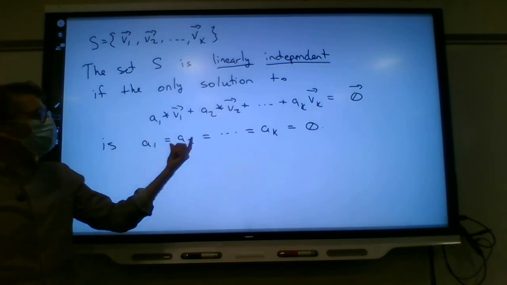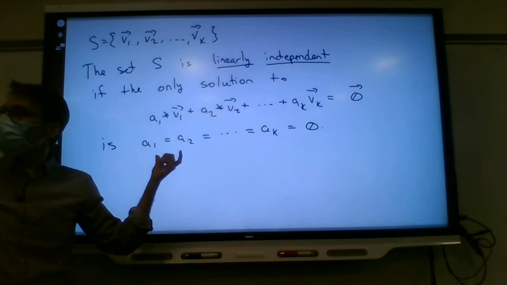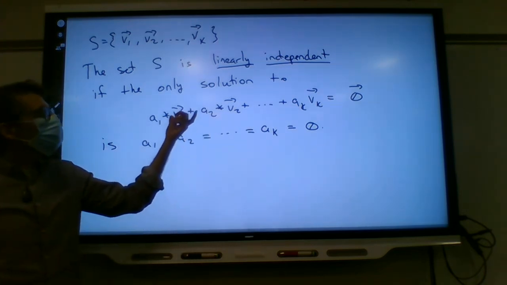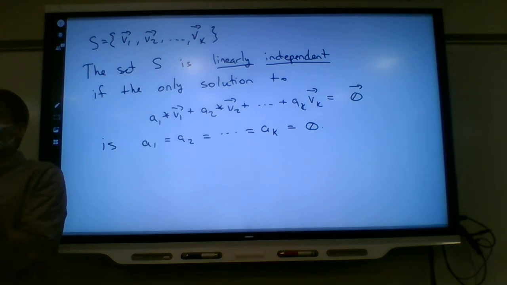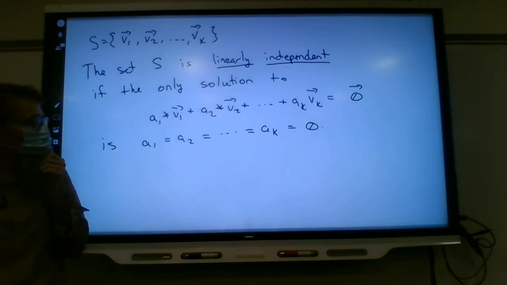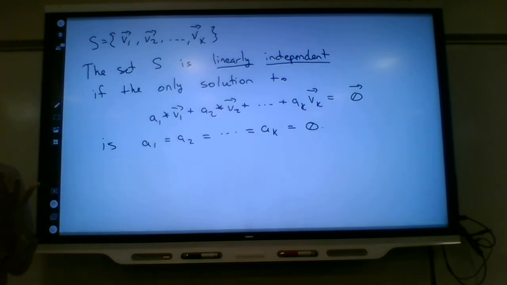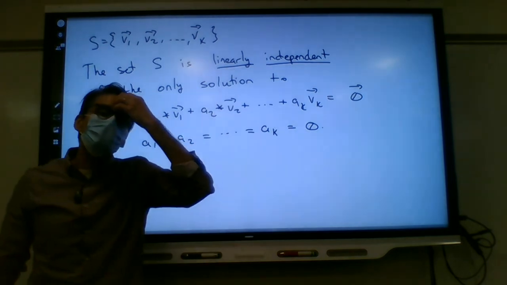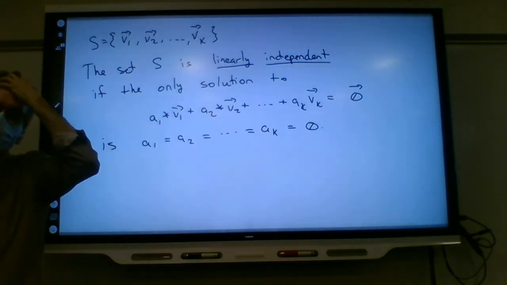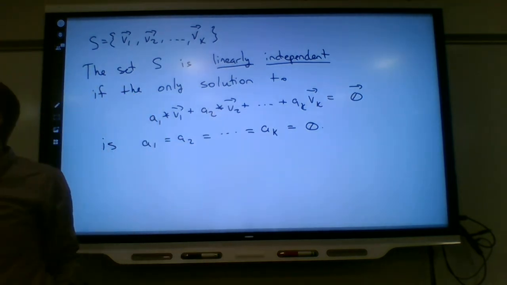If you can get some of these numbers not being 0, that means that you can write one of them in terms of some of the others, as a linear combination of some of the others. And if you can write one of them as a linear combination of some of the others, what does that mean? That means that you didn't need that one. That means that there's redundancy, and so you don't have this independence, and so you don't have the right information in order to create a coordinate system.